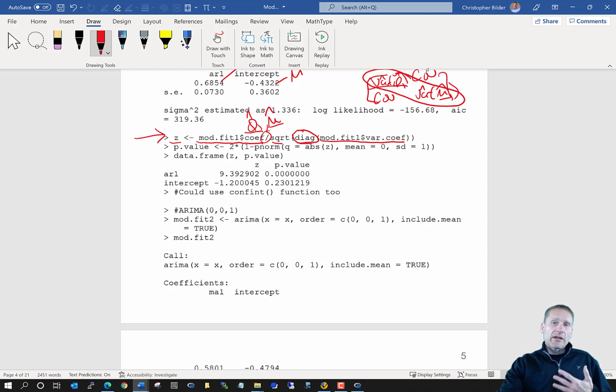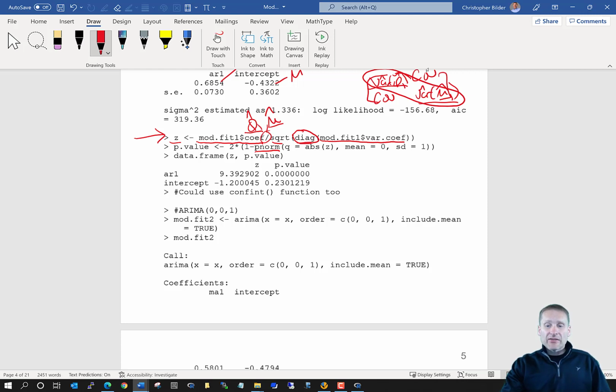Then it's going to take mu hat divided by the square root of the estimated variance of mu hat, because of how R does vector-based calculations by element. So now z is going to be a vector that has a length of 2 that contains the 2 test statistics that I want.